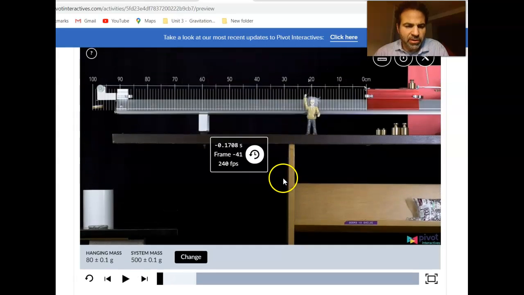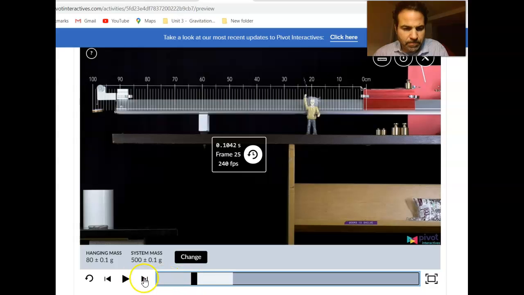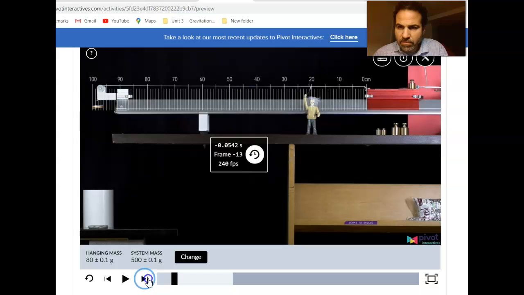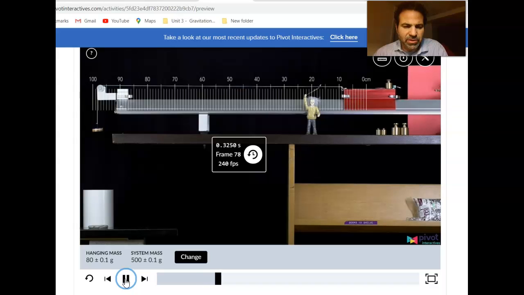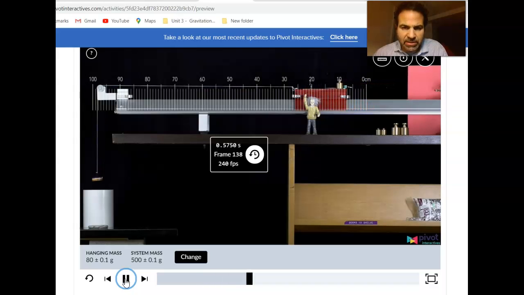Now the hanging mass is 80 grams, and the mass on the track is 420. Okay, reset the timer, let it run. Again, don't stress too much about being exact, but try to be somewhat precise with your data.